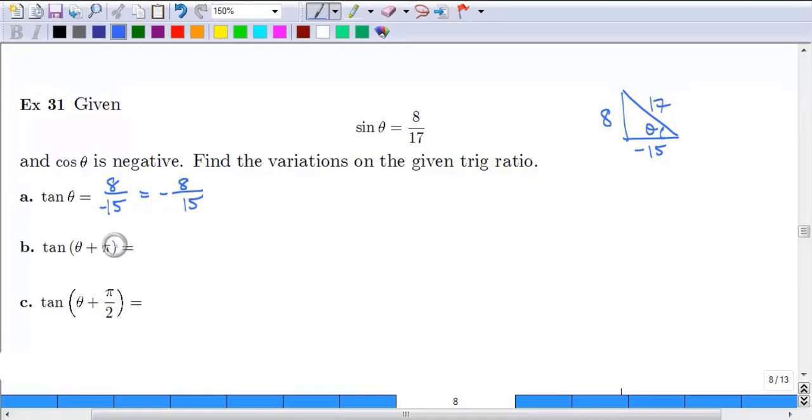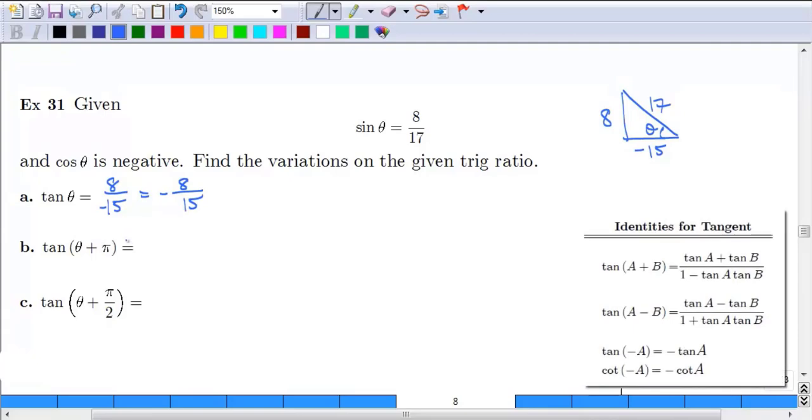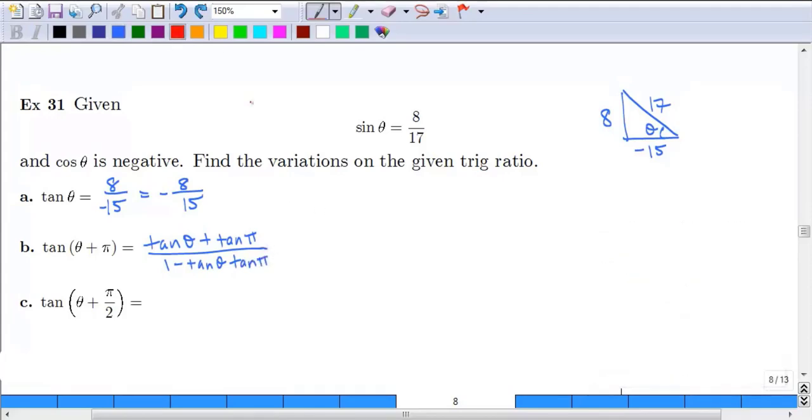Tangent of theta plus pi, so now we're going to go to our formulas. So tangent of theta plus another angle is going to be tangent of the first angle plus tangent of the second angle over 1 minus tangent of the first angle times tangent of the second angle. And we can simplify a little bit. We know what tangent of pi is.